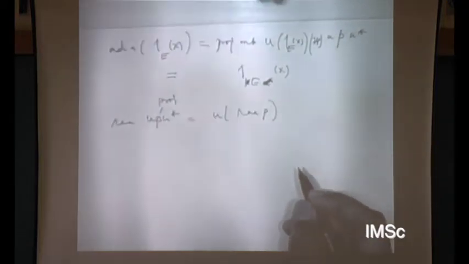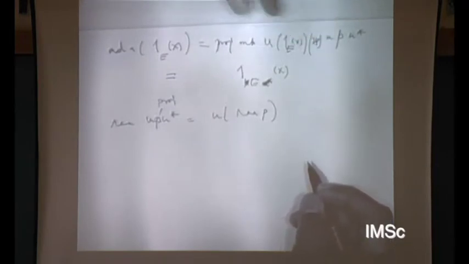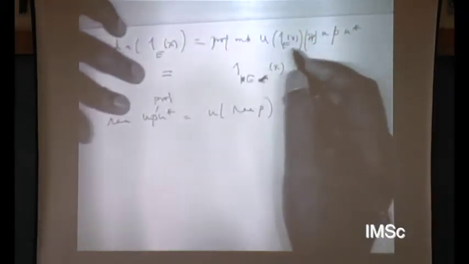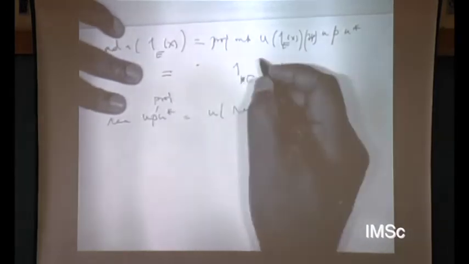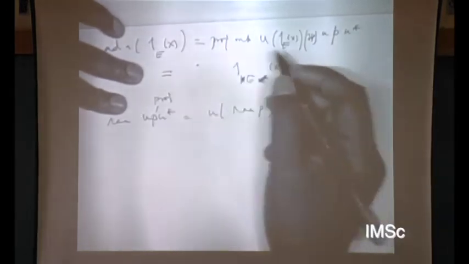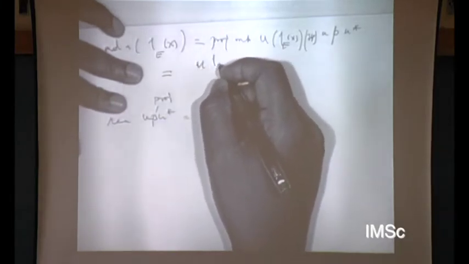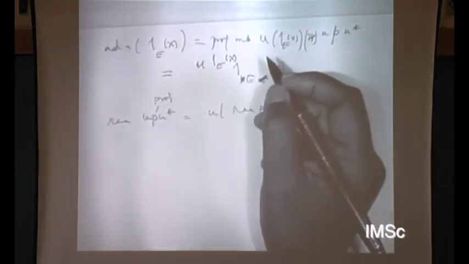So I am saying we take U of 1_E(X) of H, that is U of range 1_E(X), that is exactly the range of the projection U 1_E(X) U star.